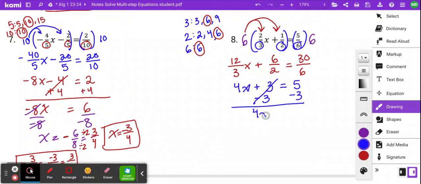And so we'll be left with our 4x equals 2. Divide by 4 to get x all by itself. And a 2/4 can be written as a 1/2 or even a 0.5.